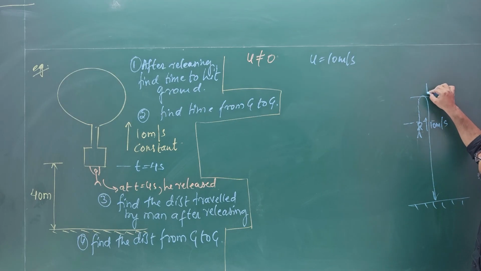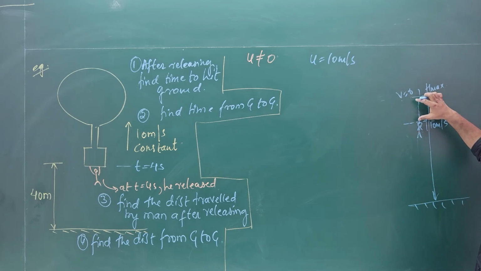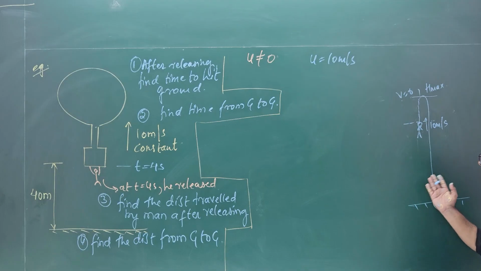At this point where Hmax is attained, velocity becomes 0. When Hmax is attained, velocity becomes what? 0. That means, can I say that he traveled this Hmax, and from here to here, I can say we have already calculated, that is due to constant speed, that is 40 meter.